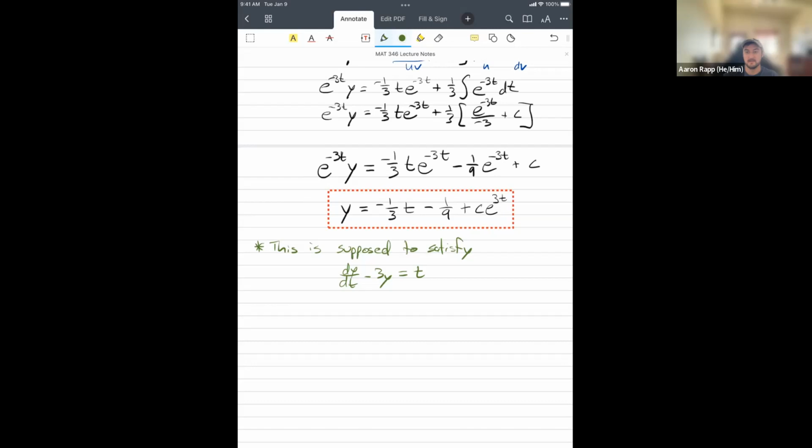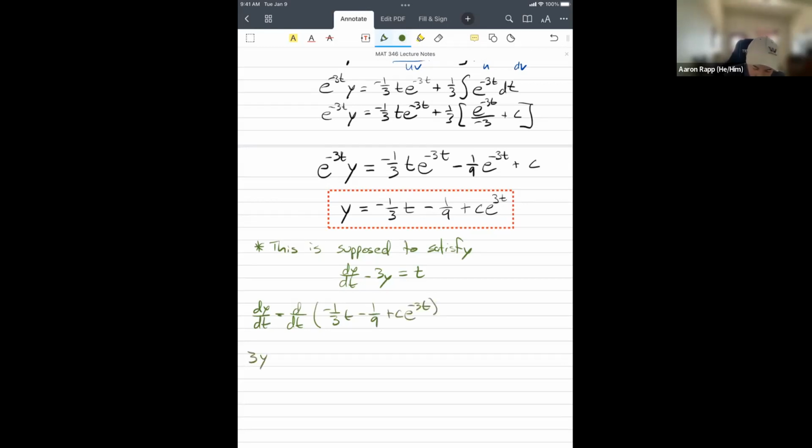So the answer is just like with algebra: plug it in. Plug your solution in. Figure out what the derivative of your solution is, which is the derivative with respect to time of -1/3 t minus 1/9 plus c times e to the 3t.